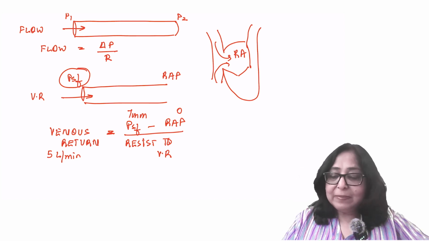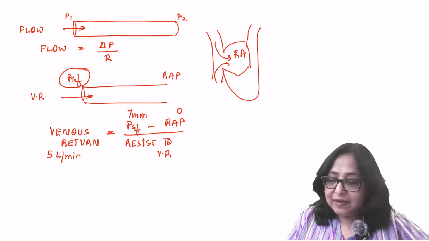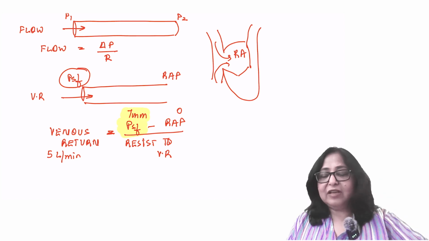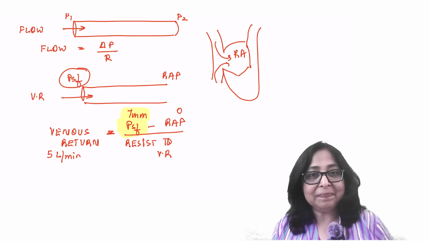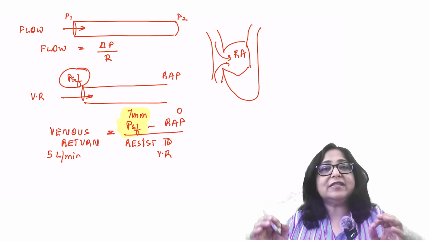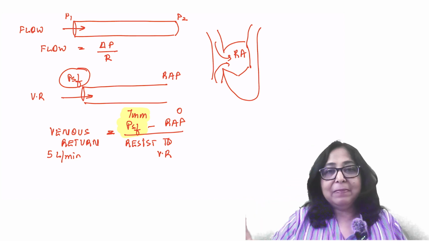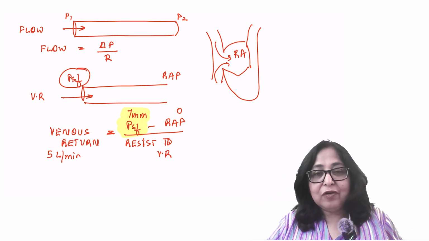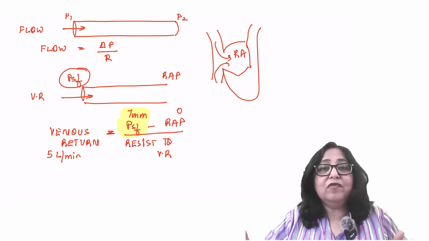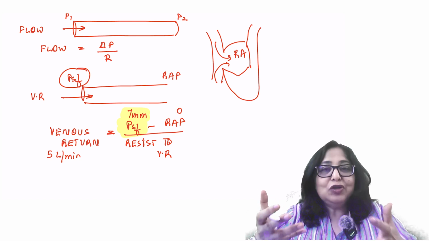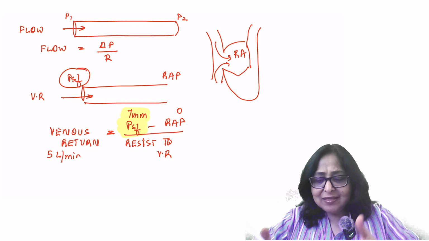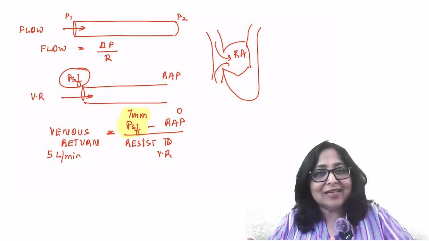Now, a lot of times I'm asked this question that if mean systemic filling pressure is 7 millimeters of mercury, is this force sufficient to push the blood towards the heart? Remember, the blood now from the lower limb veins has to move against gravity towards the heart. So is this force sufficient?